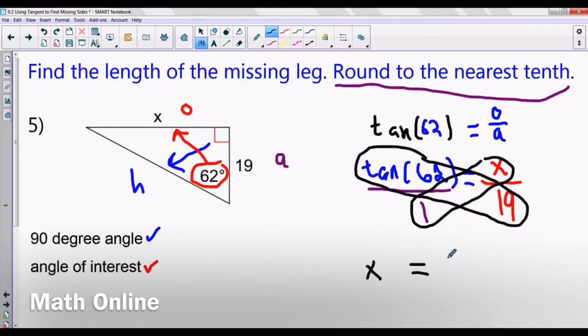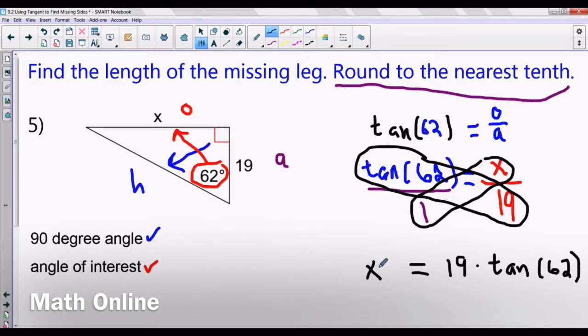I'm actually going to write the number first: 19 times tangent of 62 degrees. Now, is our x isolated? Is the x by itself? Yes, it is.